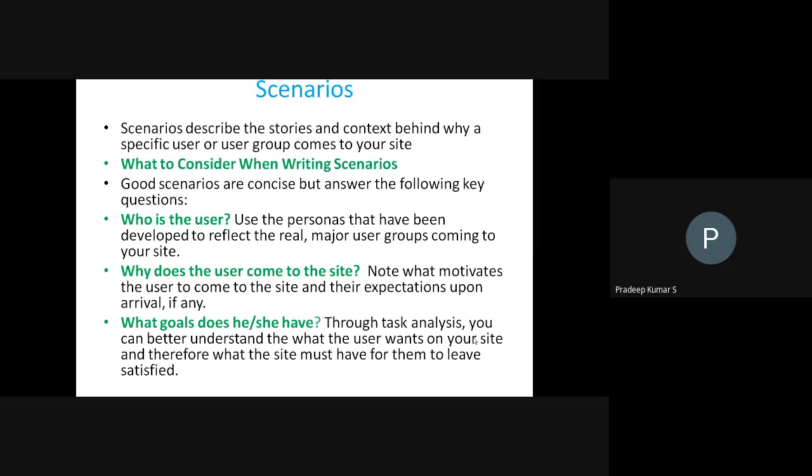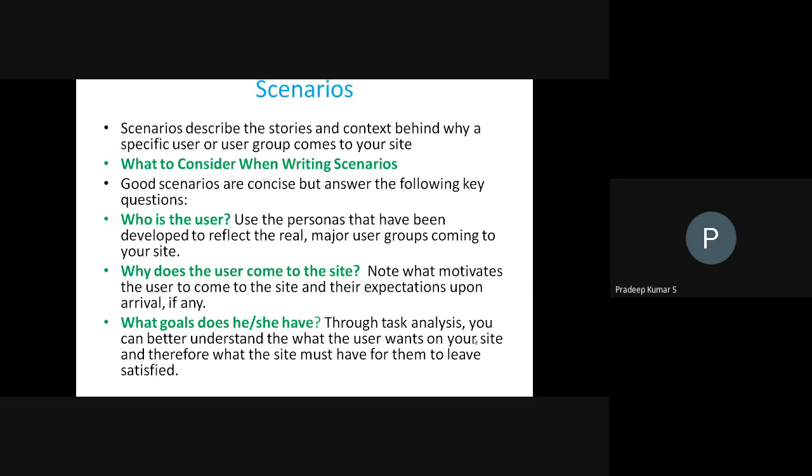Here, first, what is a good scenario concept before answering the following key questions. So you have to understand the questions well. Who is the user? Use the persona that has been developed to reflect the real major user coming to your site.